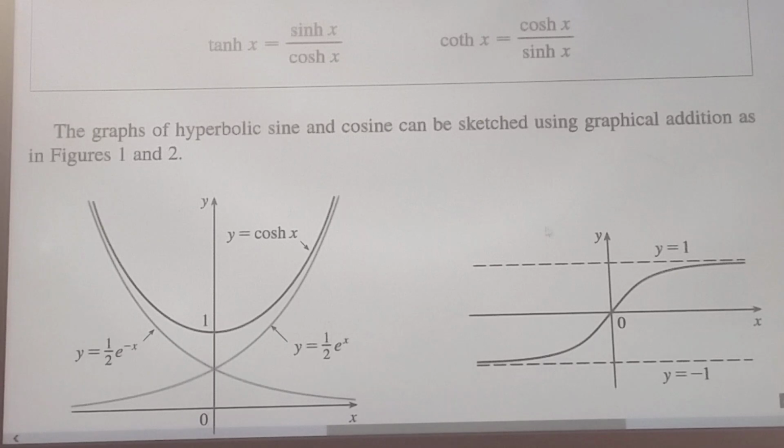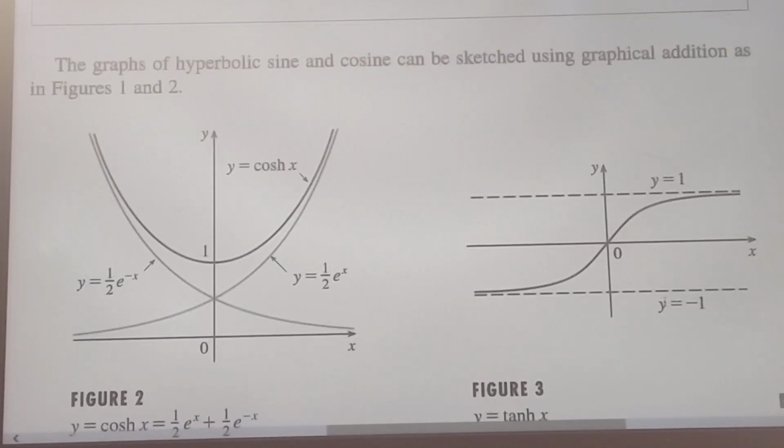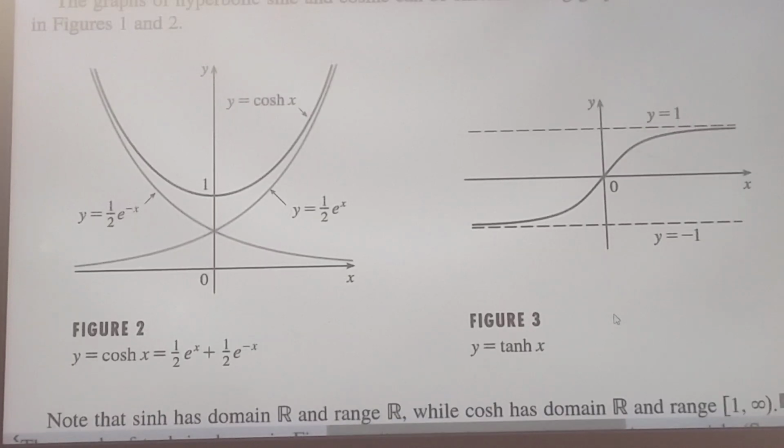And then this one is the graph of tanh x, which is on our right hand side. It has an asymptote here, meaning that there is no value when y is equal to 1. tanh 1 is undefined.